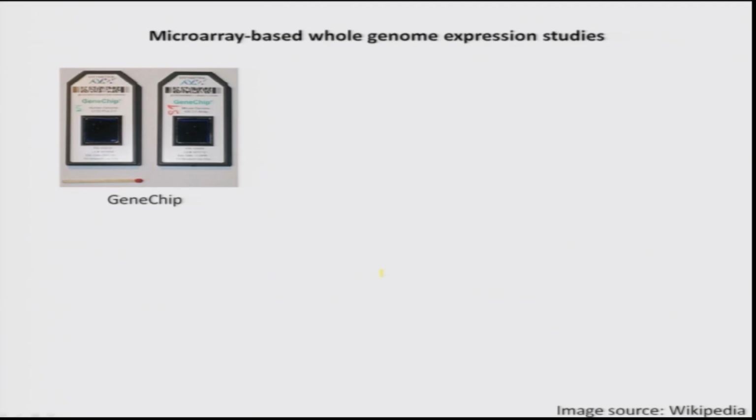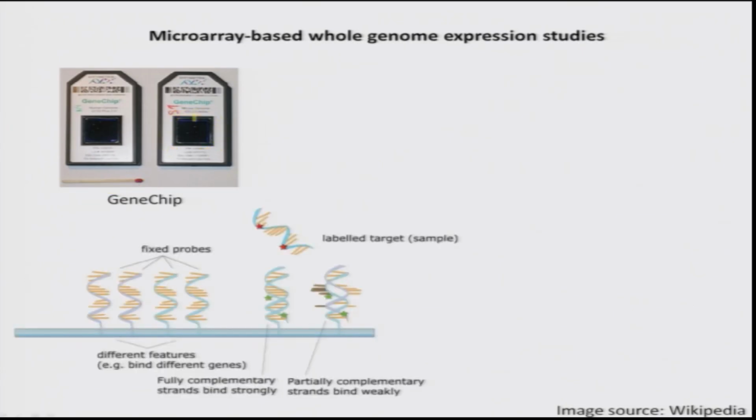This is from a company called Affymetrix, and what is shown here is a matchstick just to show you the comparison, that you have the chip, each one having thousands of genes spotted over here, in this region they are spotted. Okay. So if for example you take 2 chips, that pretty much covers the entire set of genes, or at least protein coding genes, present in the human or mouse, depending on the species you take.